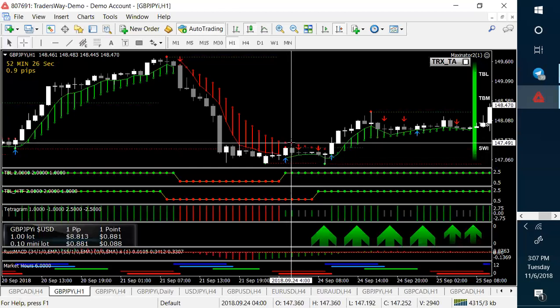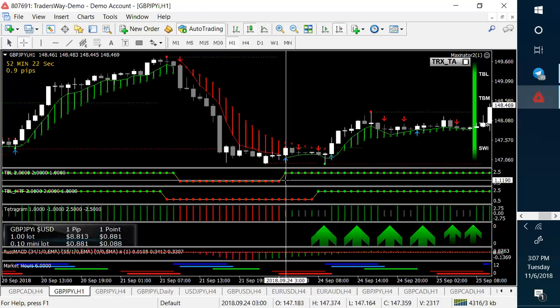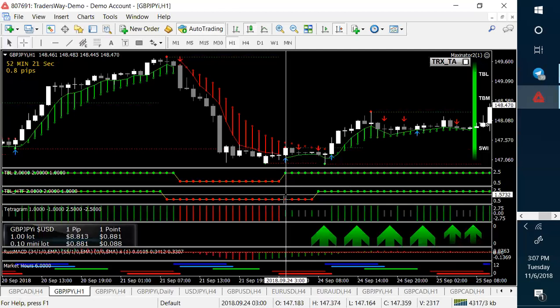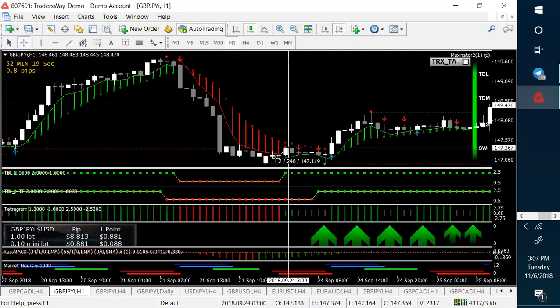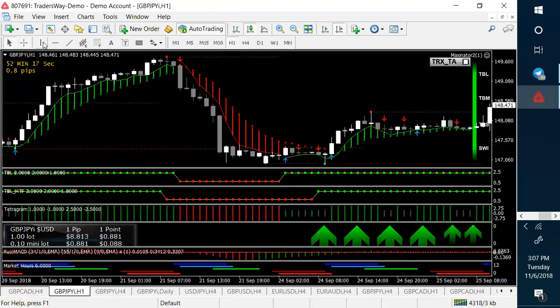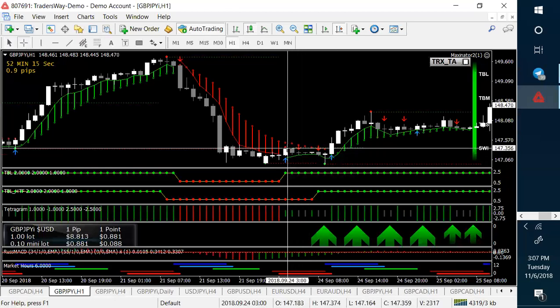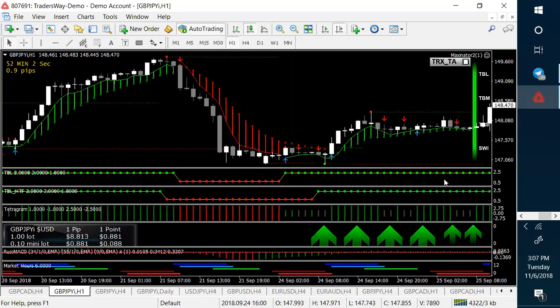Trend bias medium says no, but the trend bias long does say yes, and so does the tetragram. Does this work out for us to the tune of 27 pips? Let's see. Went down 37 here. Probably would have been stopped out, but it does go out there, but you probably would have been stopped out here on this trade.